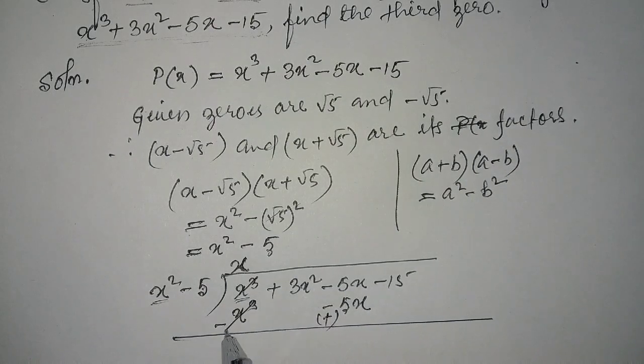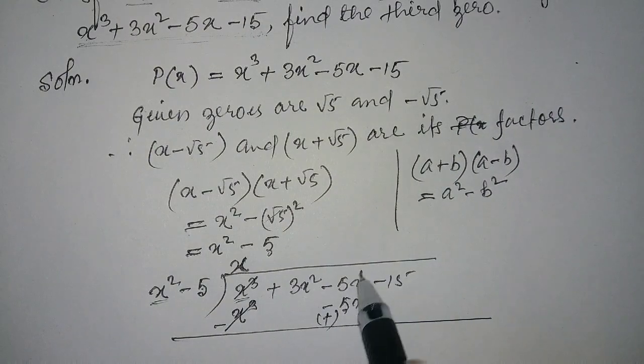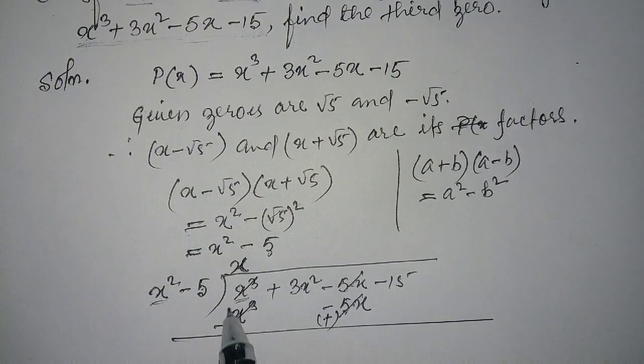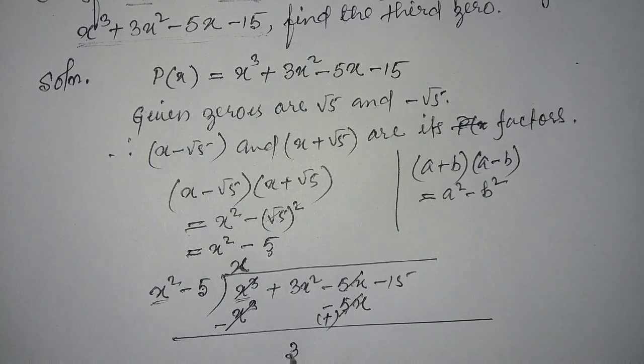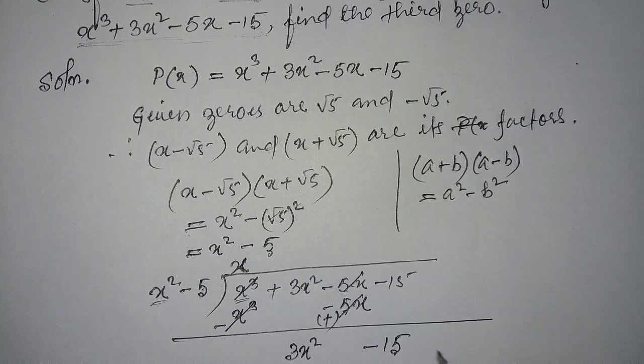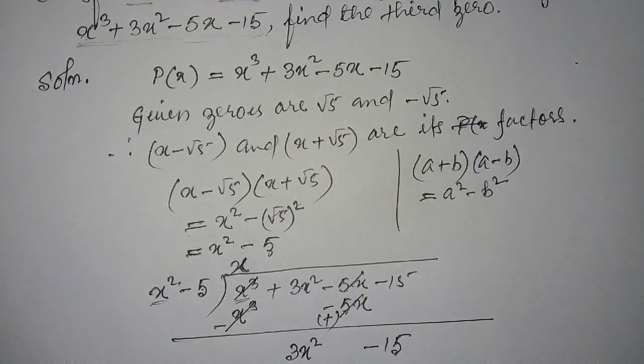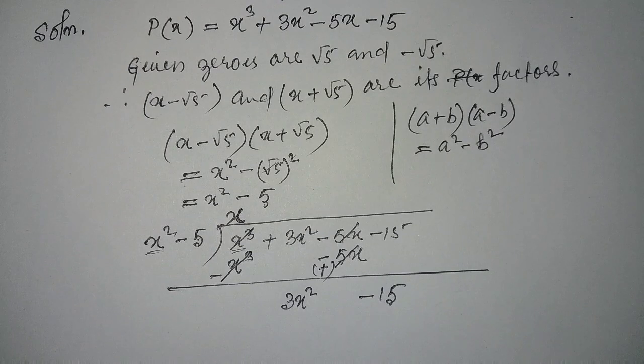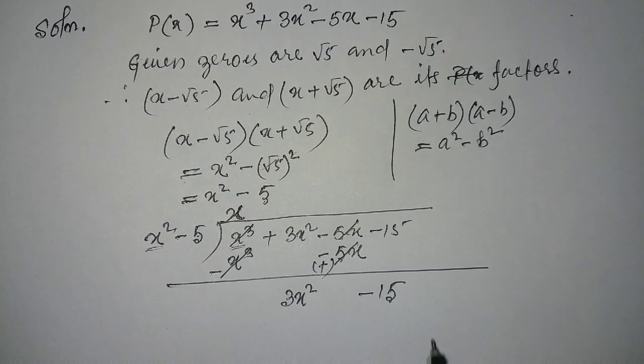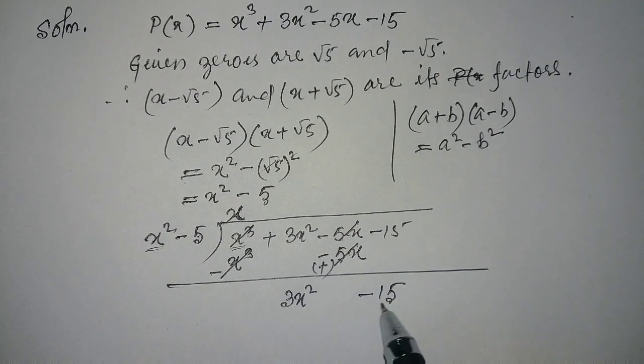Now we cancel this, and it reduces to 0. So x cube minus x cube is 0, and 5x minus 5x is 0. Now we have 3x square minus 15.